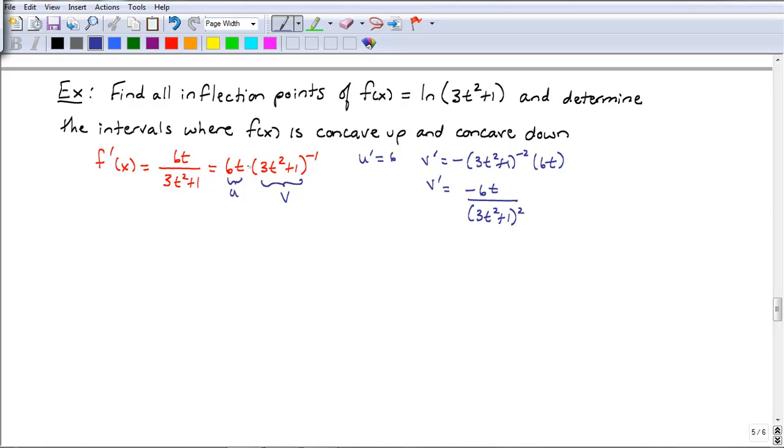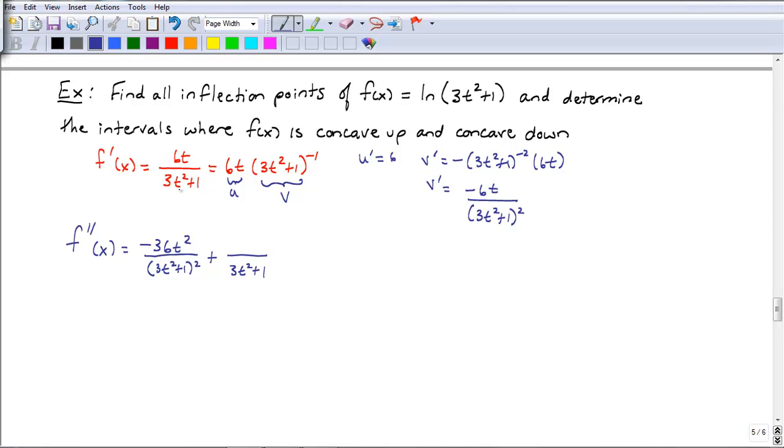And so I can do u v prime. Notice 6t times -6t is negative 36t squared over (3t squared plus 1) squared. Plus v u prime. V is 3t squared plus 1 in the denominator.